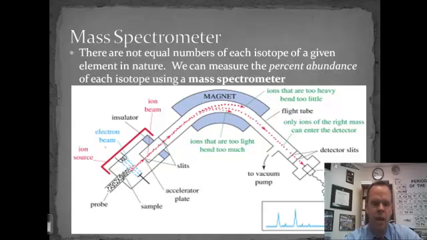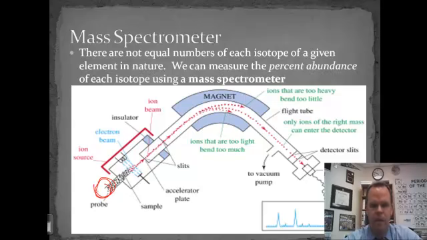up of each isotope? To do that, we use what's called a mass spectrometer. In a mass spectrometer, you put a sample of the substance into the mass spectrometer on the left side here. So you start over in this area. The sample is entered in there. A beam of ions is shot through the mass spectrometer into a magnetic field.